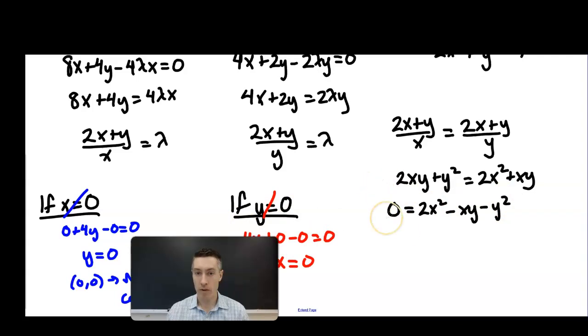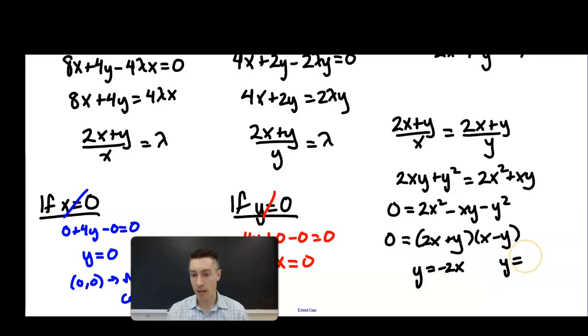So we can factor that. So that's (2x plus y)(x minus y). So we get y equals negative 2x there, and y equals x here. So we have two cases to consider. The one where y equals negative 2x and the one where y equals x.